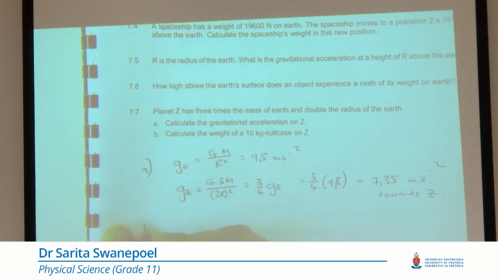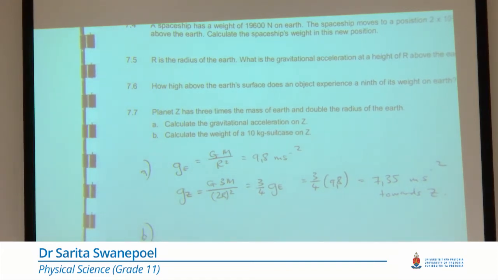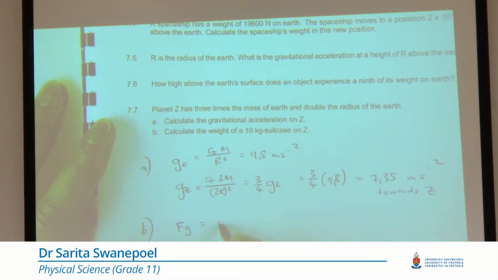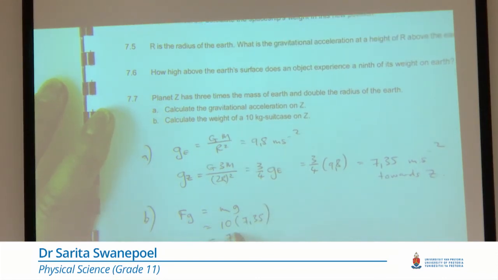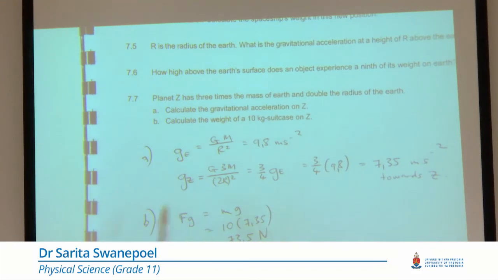Quickly do number B. Gravity is always m times g, and we've already calculated g on this planet Z, so it's just 10 times that.